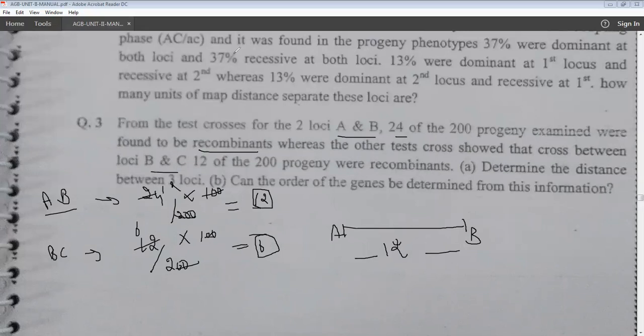Now the other is C. C is 6. So we don't know whether C is on this side or on this side.